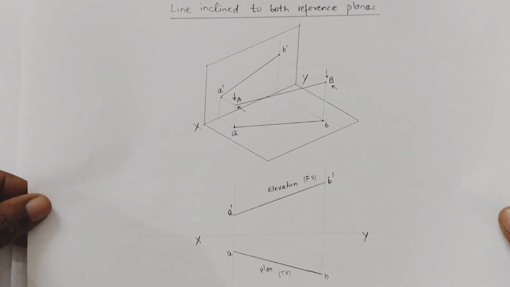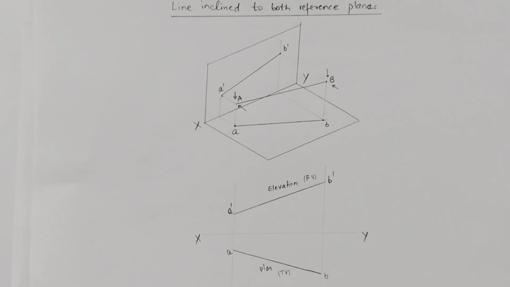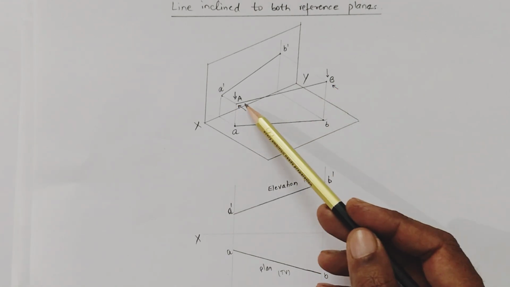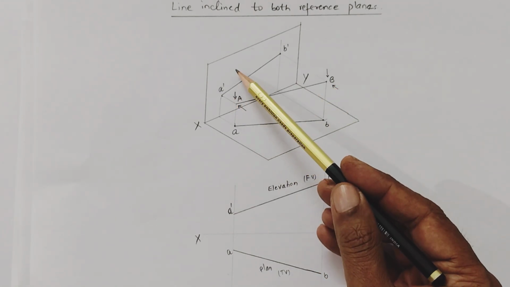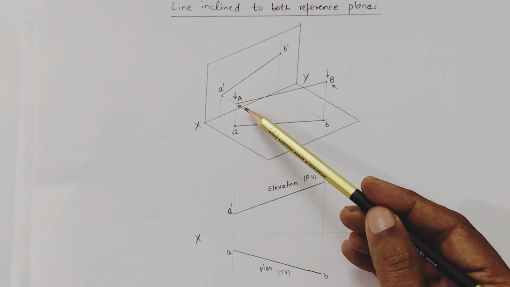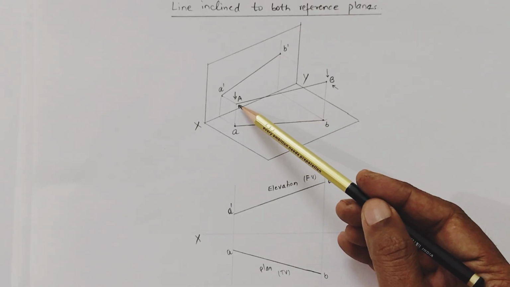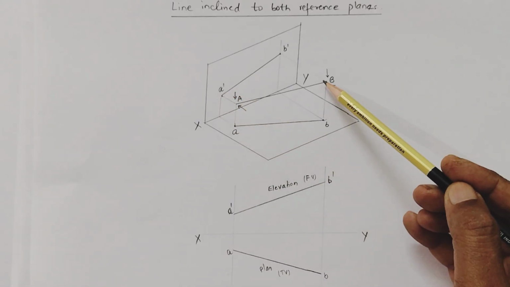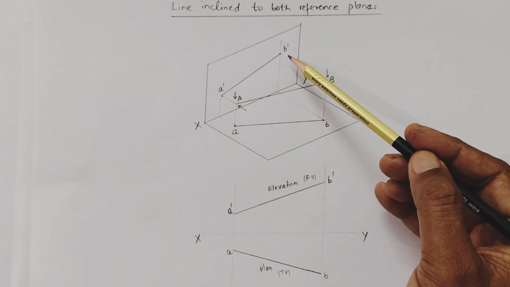Next case is the line inclined to both the reference planes. So in this case you can see here the line is AB. This is inclined to the vertical plane as well as the horizontal plane. So to get the projection, similarly we have to observe from this side, and we observe the projection as A dash here. Similarly for point B, the projection is B dash here.